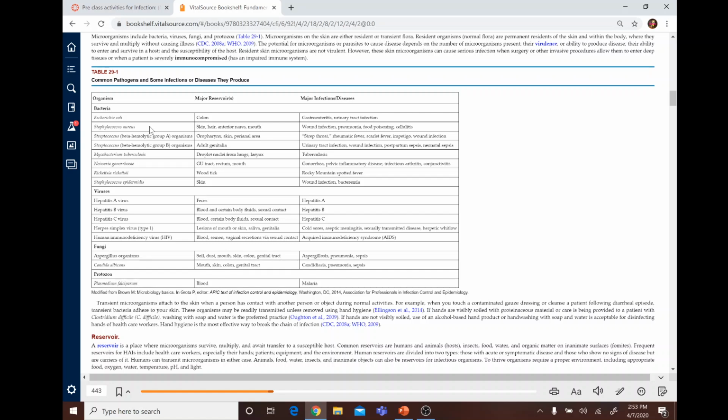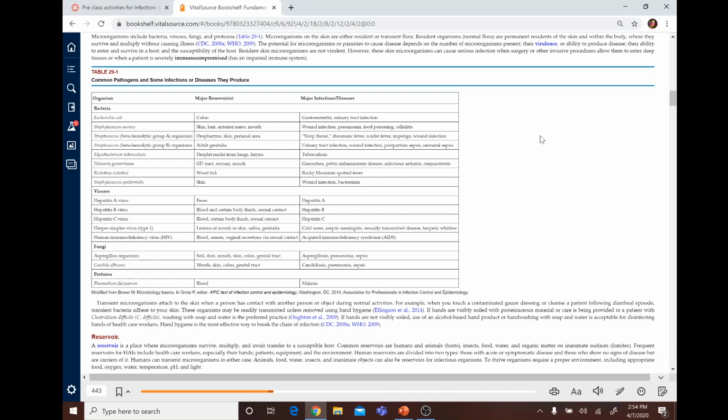What is the major reservoir for S. aureus? Skin, hair, mouth. What are the major infections and diseases that S. aureus causes? Wound infection, pneumonia, food poisoning, cellulitis.